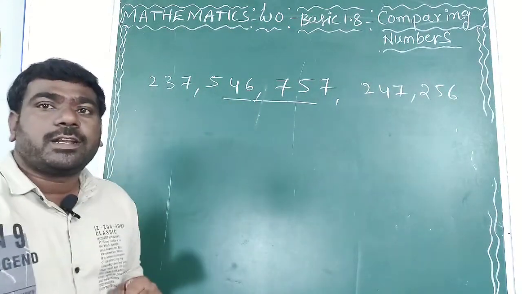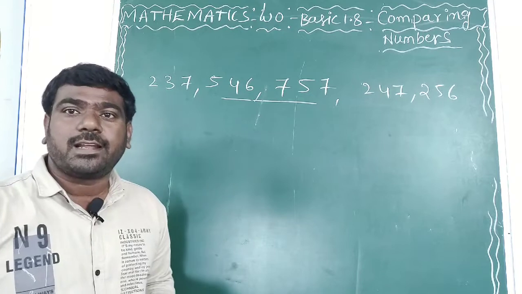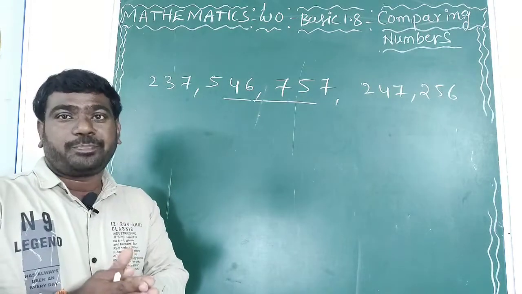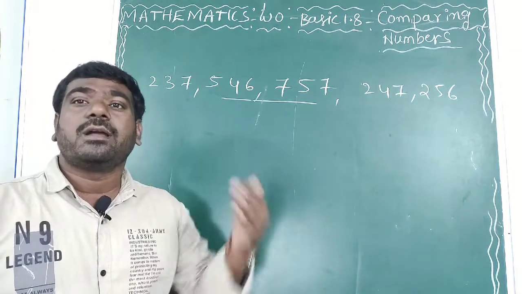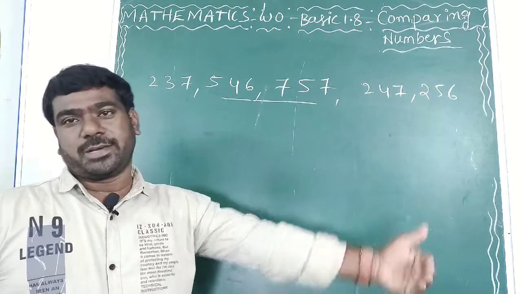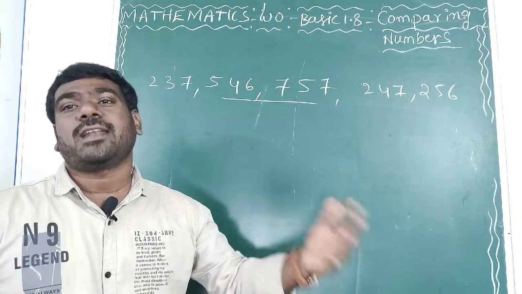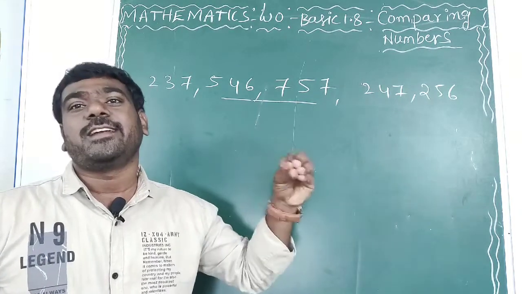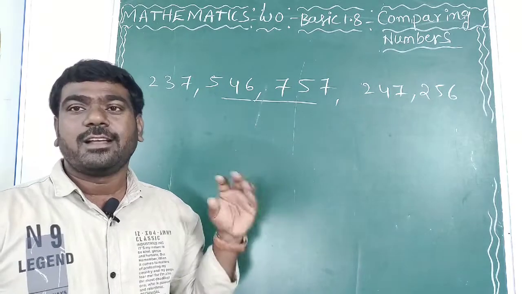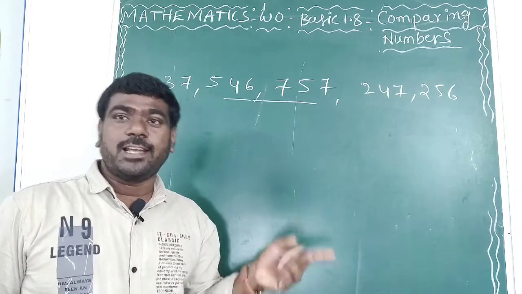What is the meaning of descending order? Descending order means the numbers we arrange from the biggest to the smallest number. The numbers we write from the biggest number to the smallest number are called descending order. So ascending order, descending order.